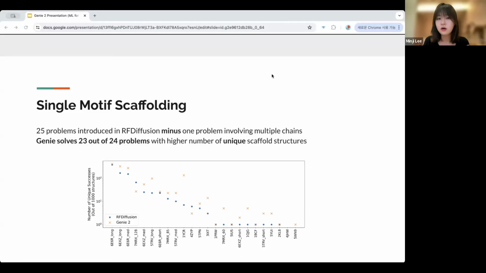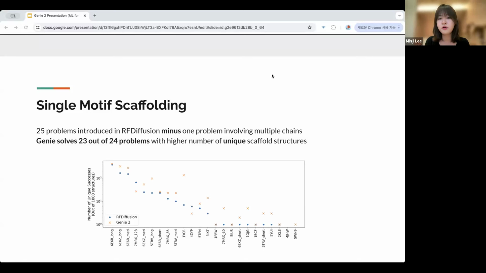First we want to clarify this unique success. Previously people measured performance as the number of successes, which is the number of designable proteins with accurate motif coordinates. However, this may be misleading since those structures may exhibit the same fold. In other words, the model may generate the same scaffold structure over and over again.